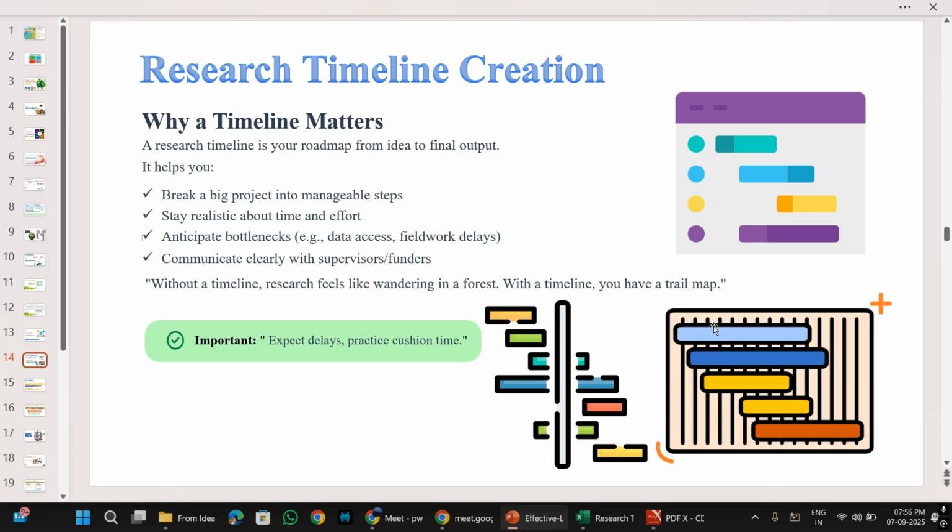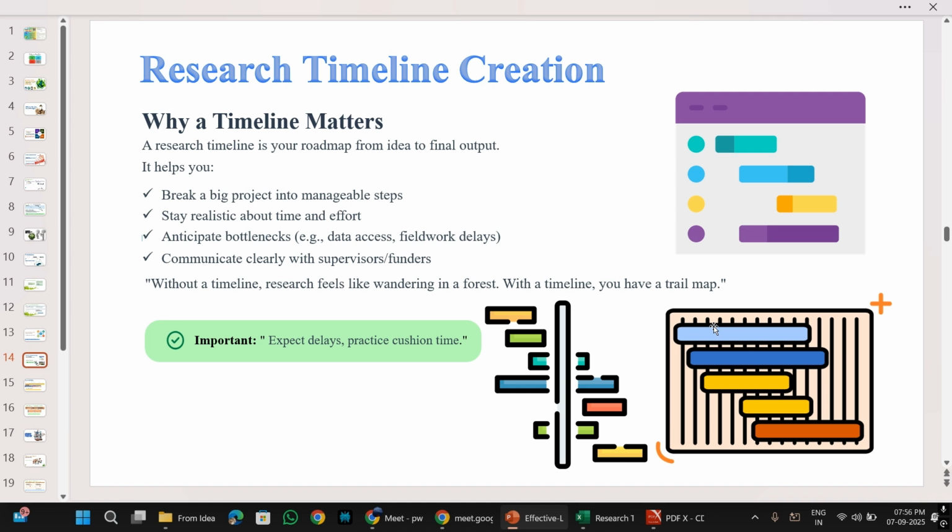So break your big project into small manageable steps, big objectives into small small objectives that will finally achieve your main objective. And stay realistic. Don't fantasize that okay, this is how I will do it, that is how I will do it, in this brief moment I will do it, or with these least efforts or highest efforts I will do it.